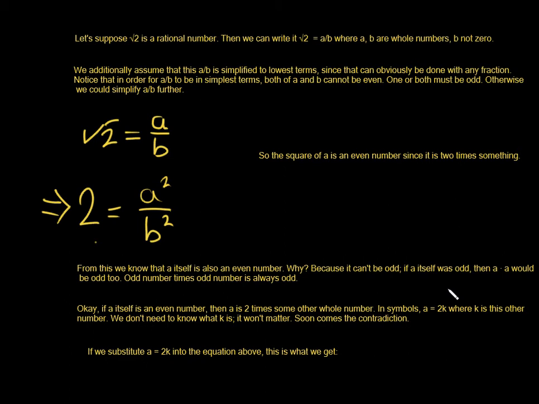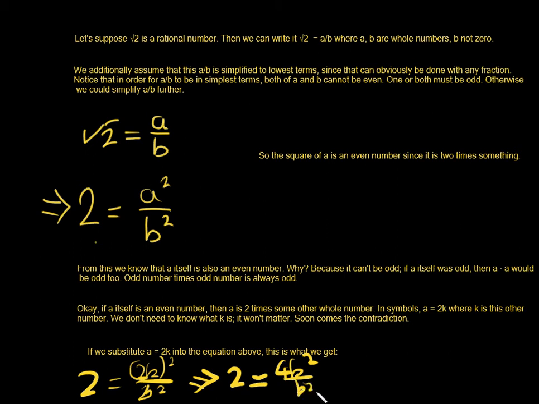Now we can reach a similar kind of conclusion here. First of all, let's start by plugging in 2k for a. So we have 2k squared over b squared, and of course that can be rewritten as 2 equals 4k squared over b squared.